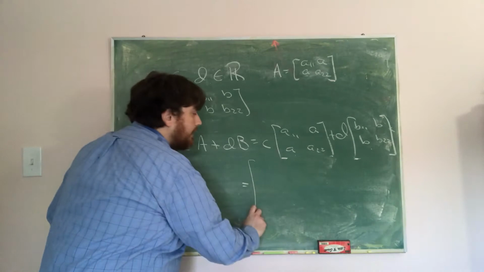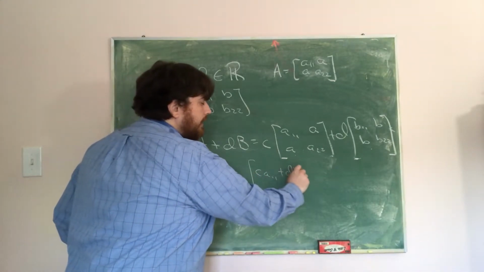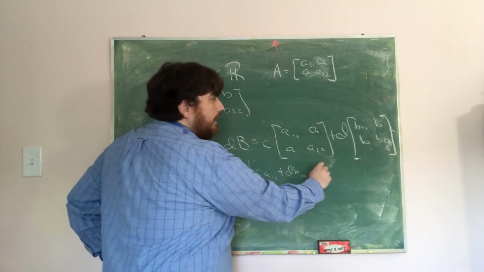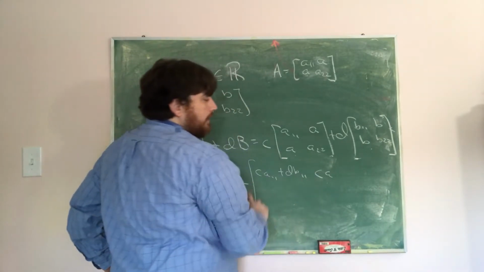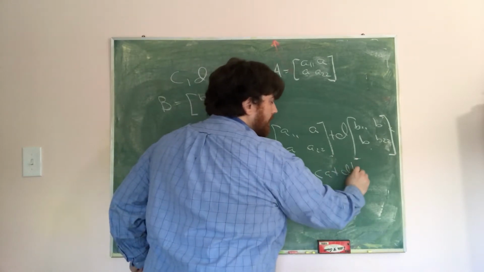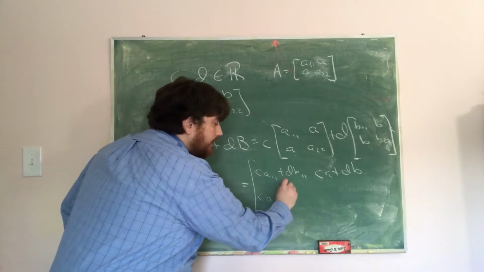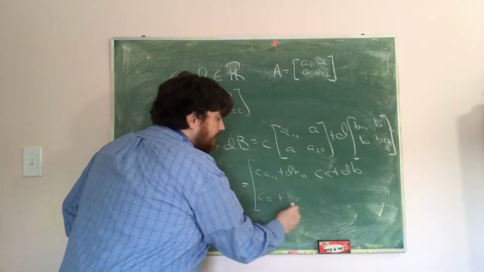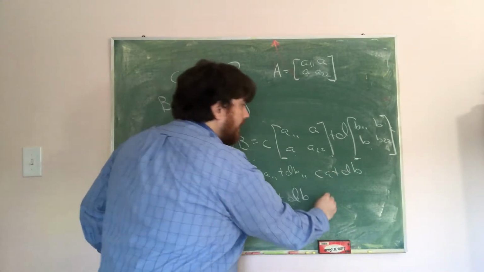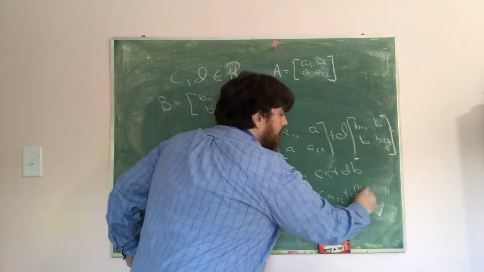So what you'll notice is that we end up with cA11 plus dB11, and then in the second column of the first row we get cA12 plus dB12, and then in the second row first column we get cA21 plus dB21, and then we get cA22 plus dB22.